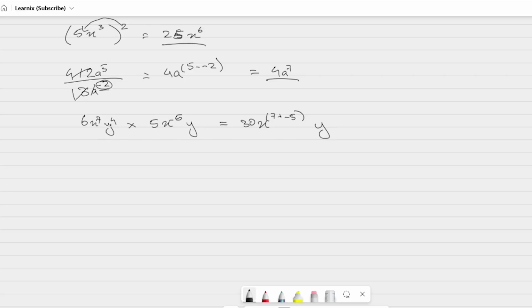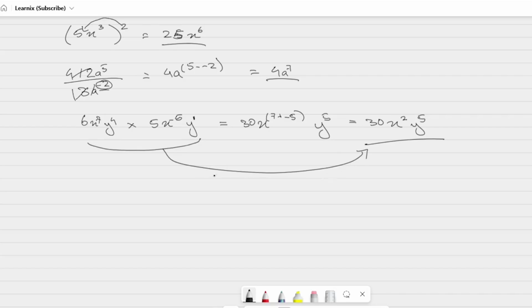We're multiplying, so we're going to add. The power on this is 1, so it's going to be 4 plus 1, and 4 plus 1 is 5. Let's simplify this: 30x to the power of 7 plus negative 5, which is squared, then y to the power of 5. That is it. All of this converted into this.